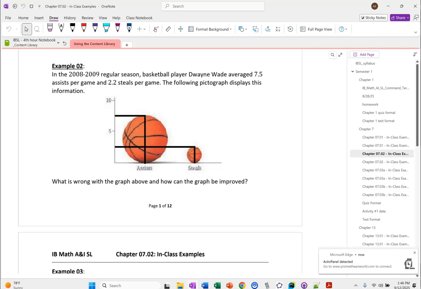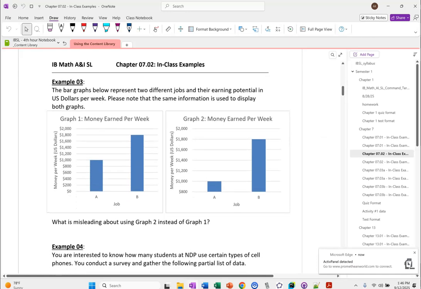Yeah, but yes, good. The bar graph below represents 2 different jobs and their earning potentials in US dollars per week. Please note the same information is used to display both graphs. What's misleading about graph 2 instead of graph 1?